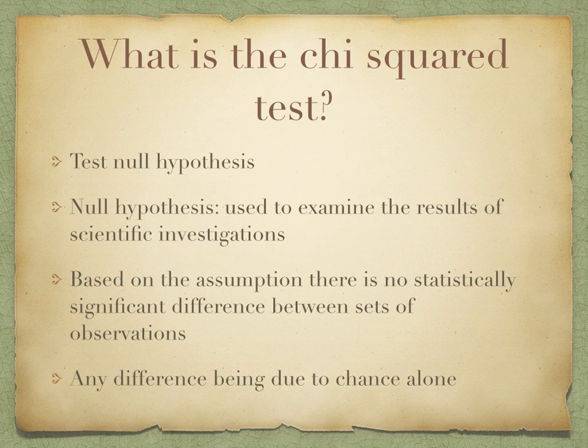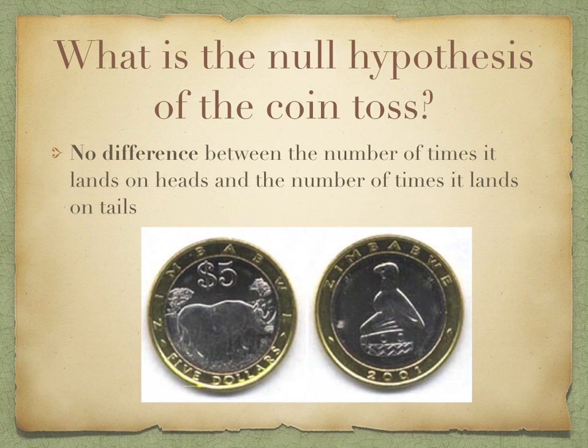So what would the null hypothesis of the coin toss be? That there's no difference between the number of times the coin lands on its head and the number of times it lands on its tail.